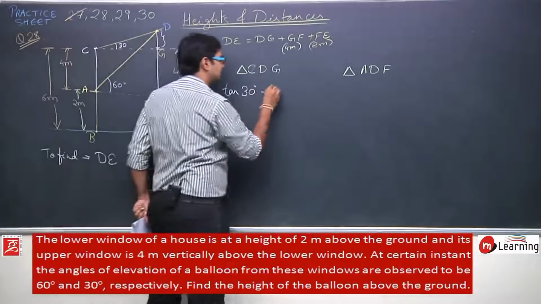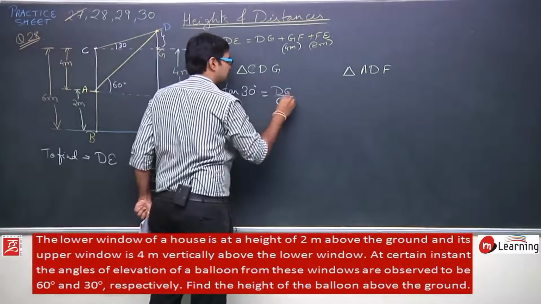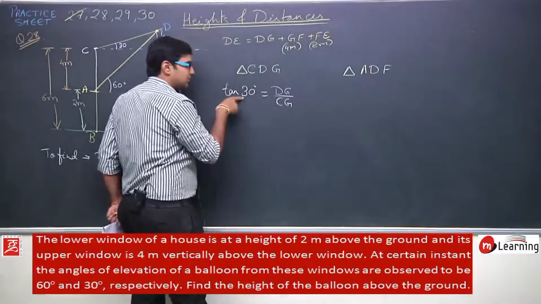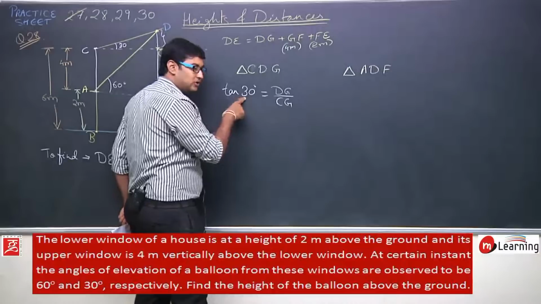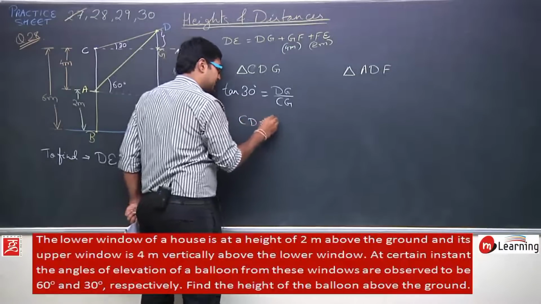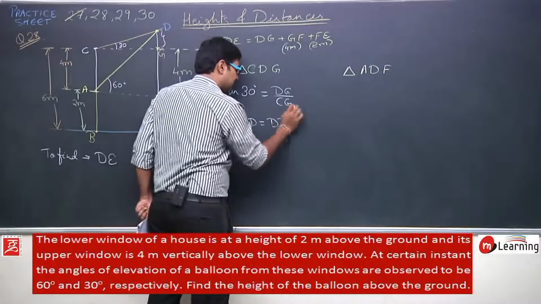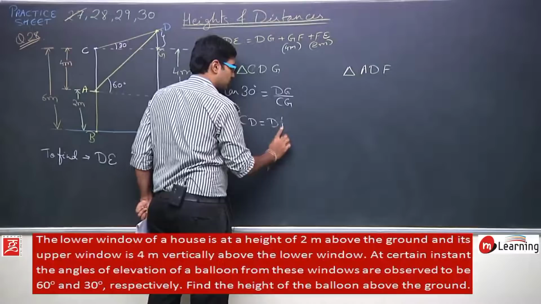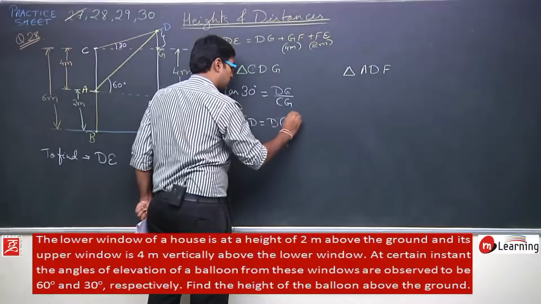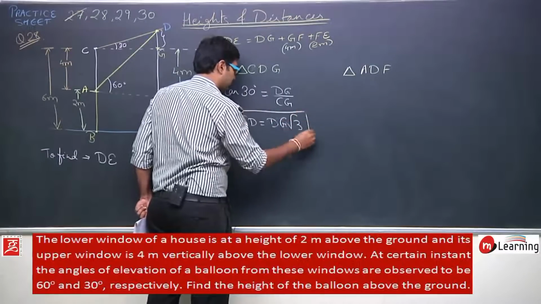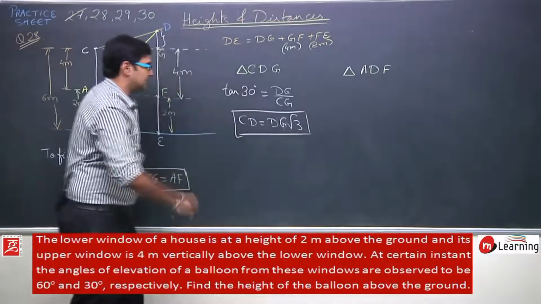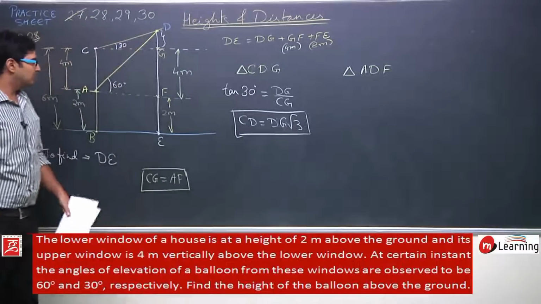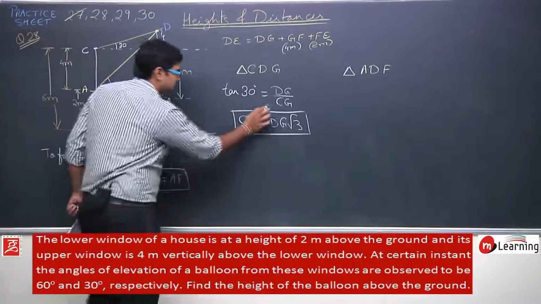Perpendicular is DG, base is CG. So what is tan 30 degrees? It is 1 upon root 3. So you will get CG is equal to DG root 3. This is the length of CG.